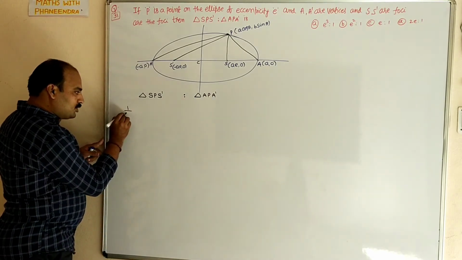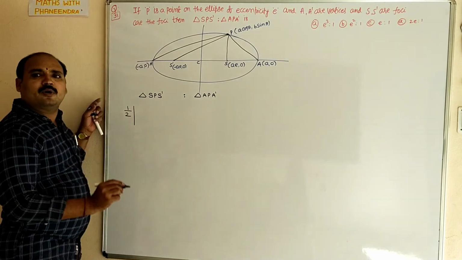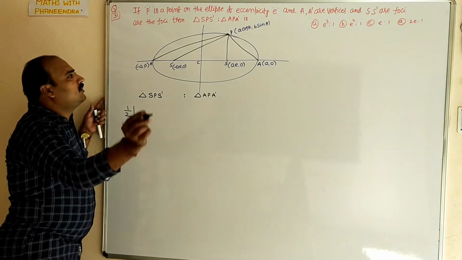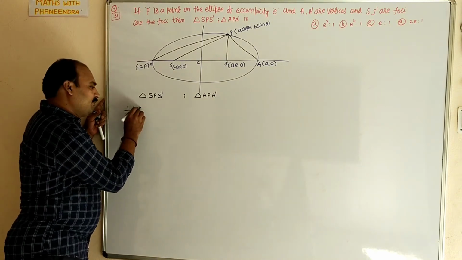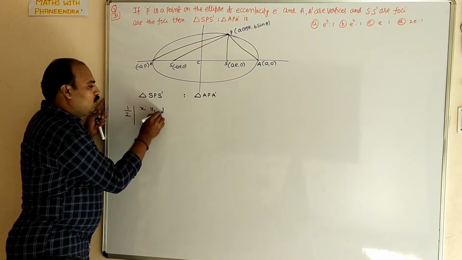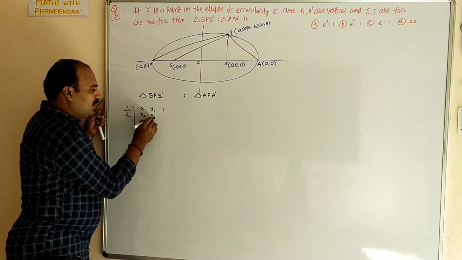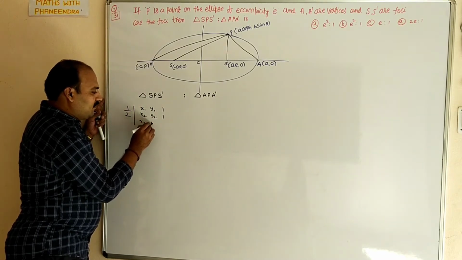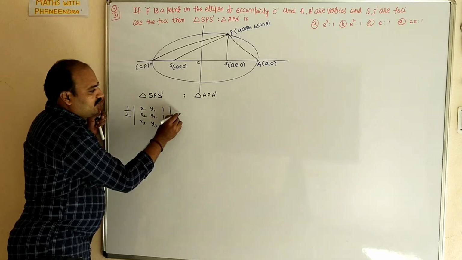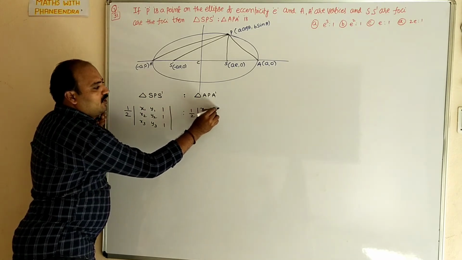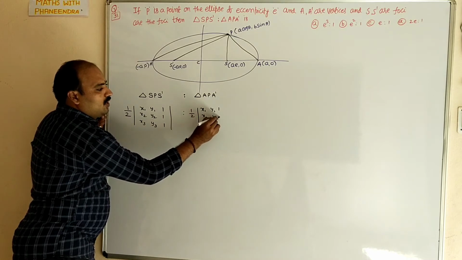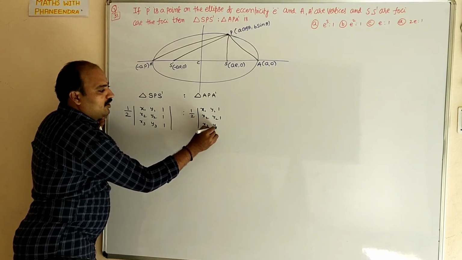So half into, I am writing the formula for the area of a triangle with vertices x1 y1, x2 y2, x3 y3: the determinant of rows x1 y1 1, x2 y2 1, x3 y3 1, is to 1 by 2 times the same determinant.